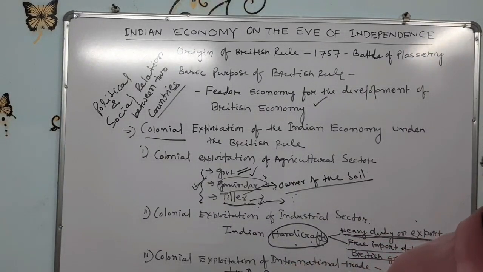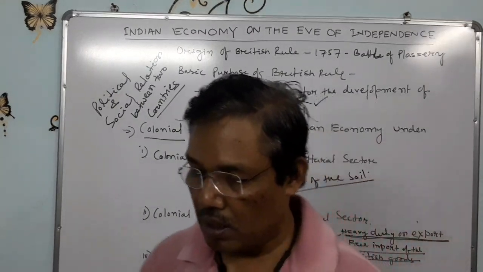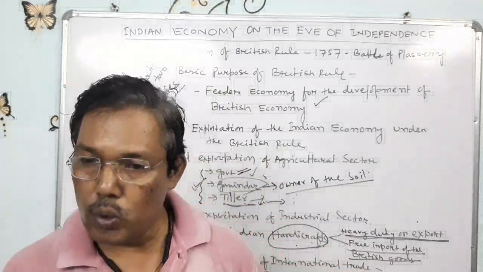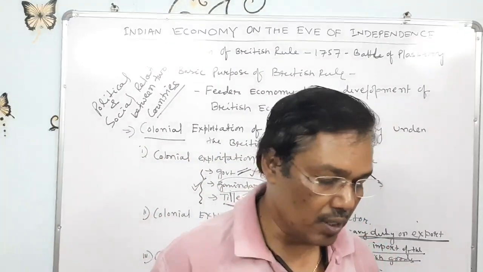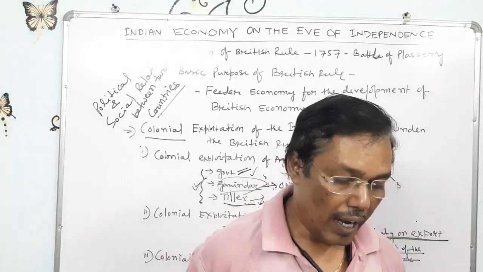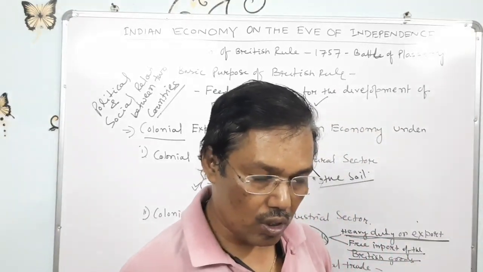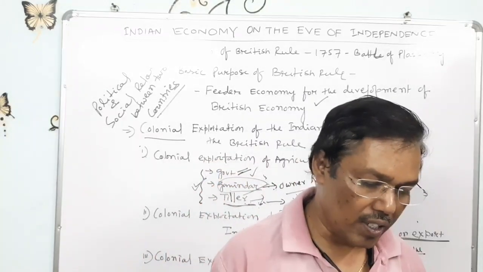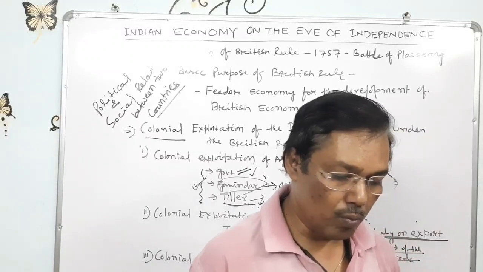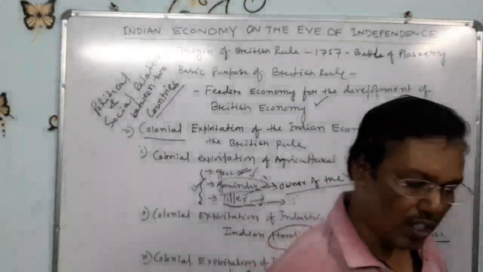And those goods, those raw materials, whatever they may be, will be used in the process of producing finished products in foreign countries. Again, what finished goods will they sell to our country, or what will they import to our country? The duty-free import of British goods to expand demand for British goods in the Indian markets.